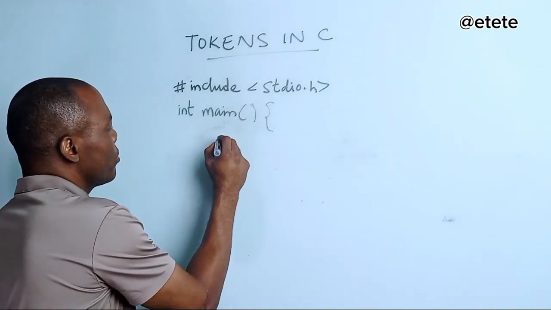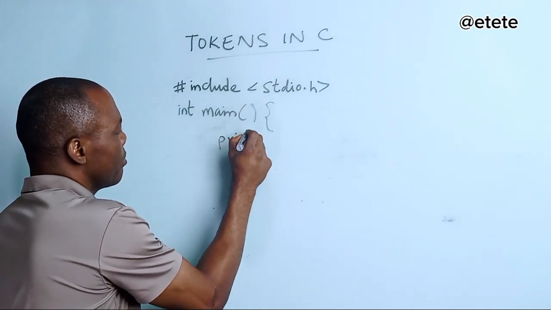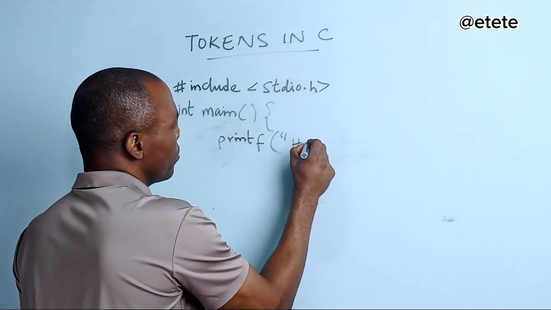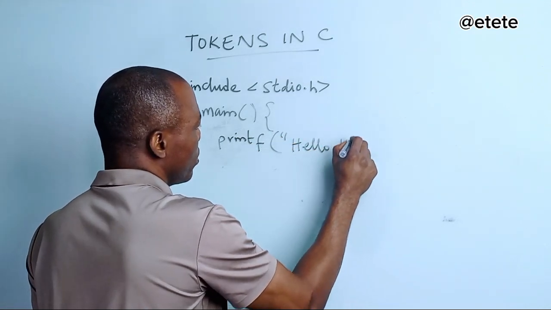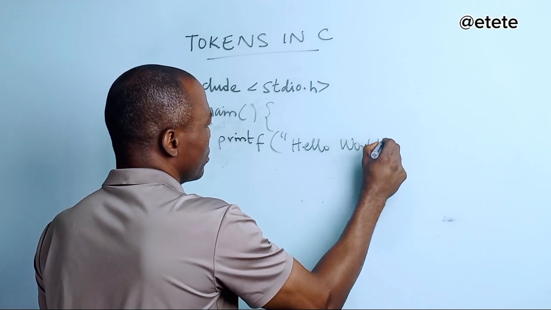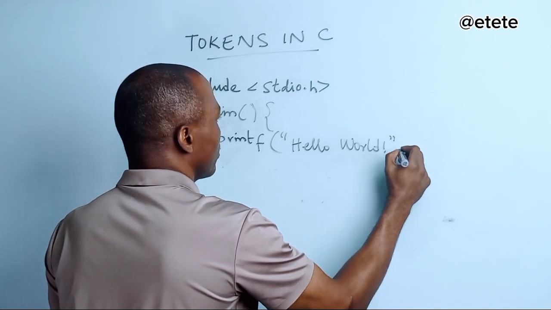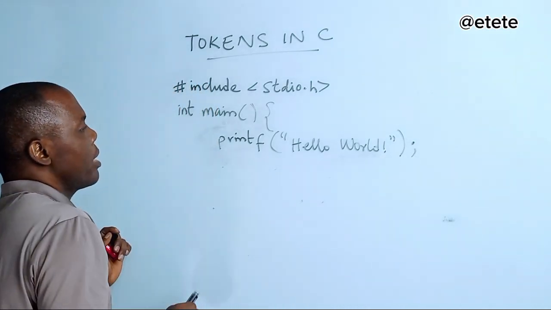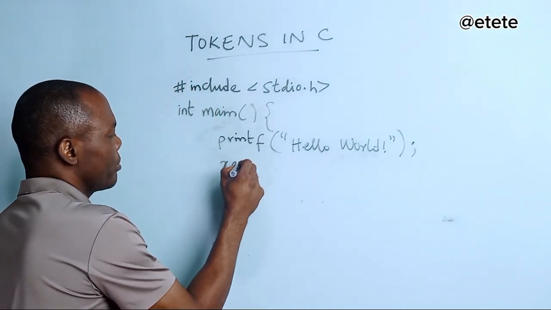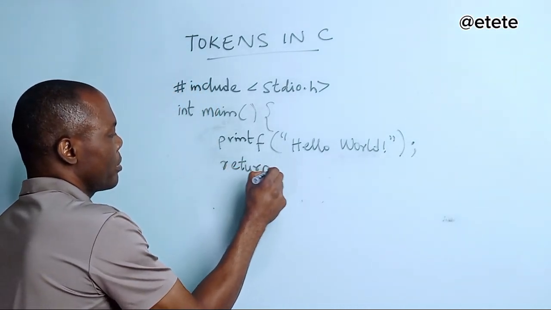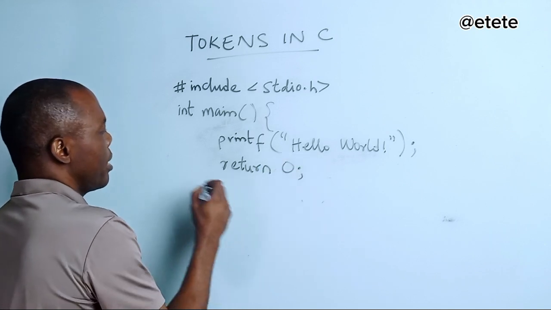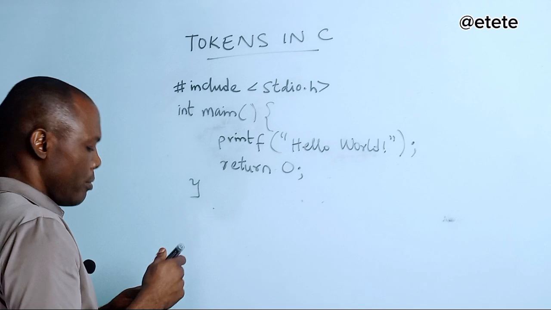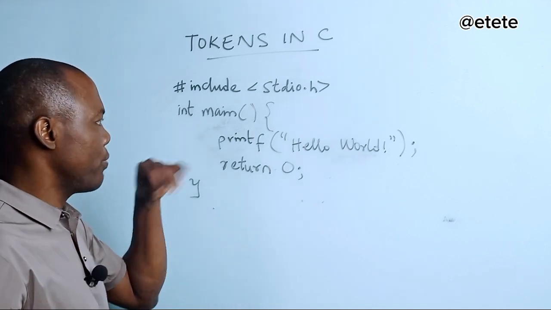Inside this, we'll say printf, and then we'll simply say hello world, right? Then we close this, and then we say return 0, and then we close this, right? This is a very simple program that we've written.